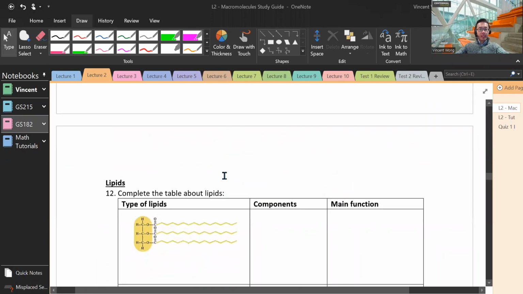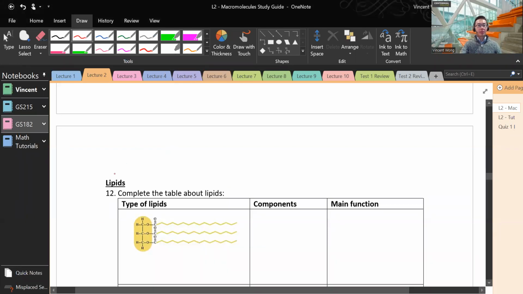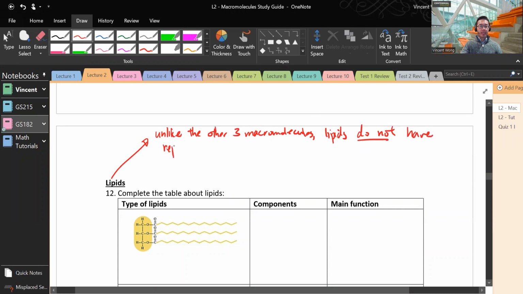Next up, we have the lipids. So lipids are a little bit different compared to the other three macromolecules. Unlike the other three macromolecules, lipids do not have repeating monomers.